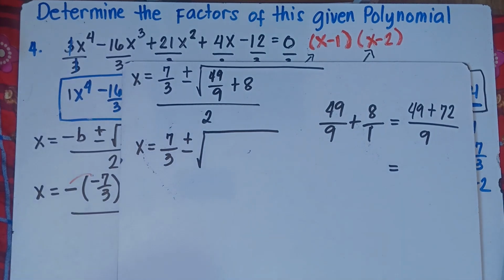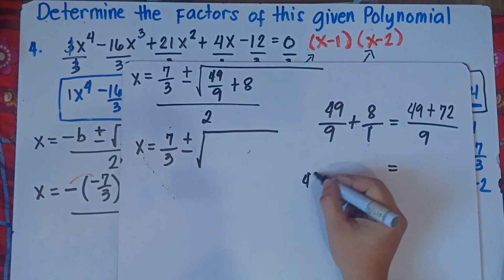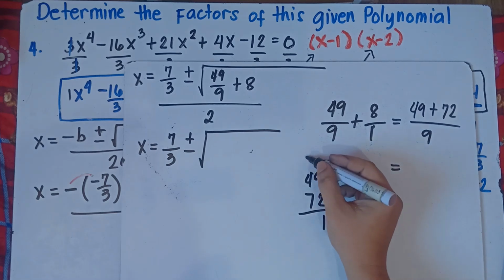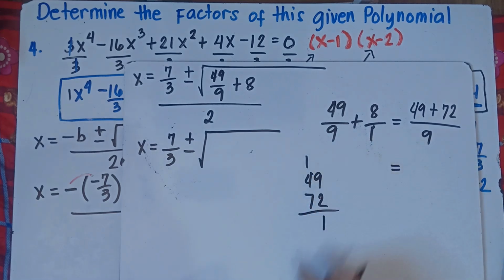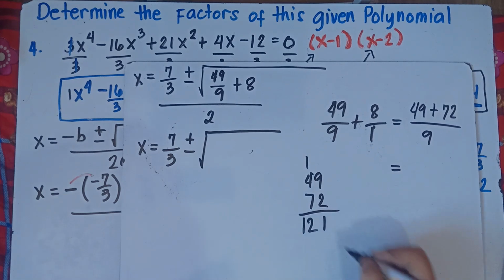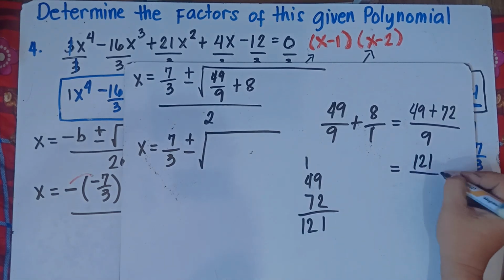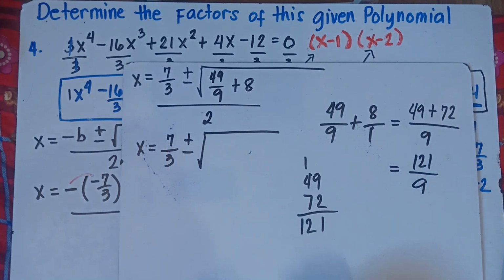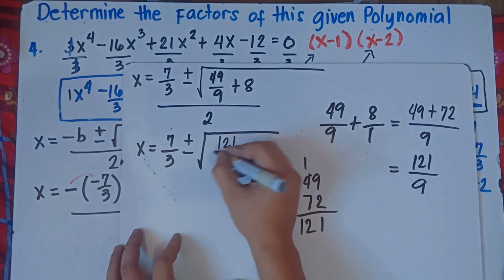And 49 plus 72, so let me add 49 and 72, this is 1, carry 1, 1 plus 4 is 5, plus 7 is 12, 121 over 9. So 49 plus 72, that's 121, copy 9, 121 over 9.